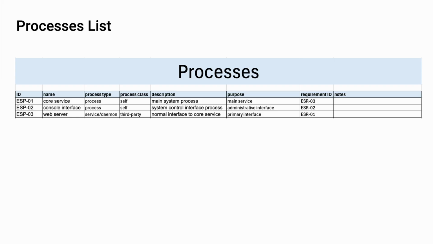Is the process used for deployment? Within the context of what we know about this particular element, we can't say. And finally, is the process a manager of a system-critical resource? Both the console interface and the core service are managing resources which are critical to the system. In later activities, we'll use this information.